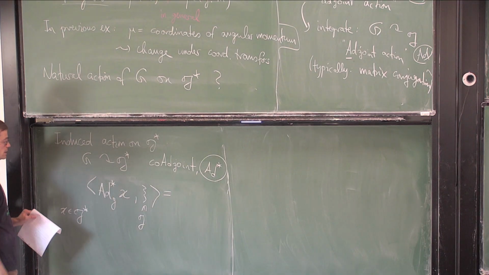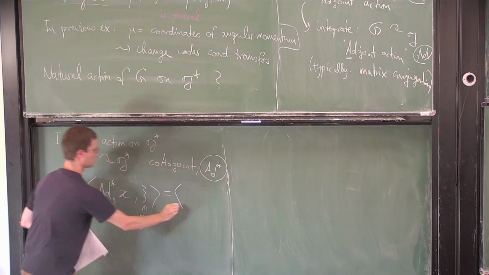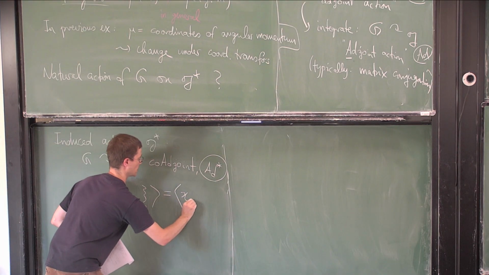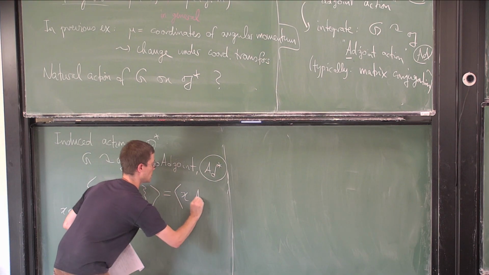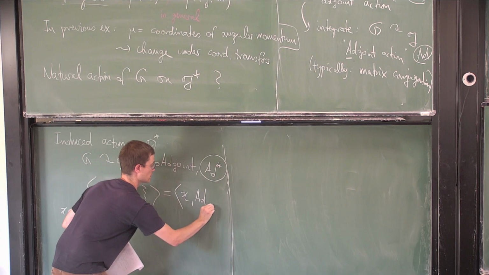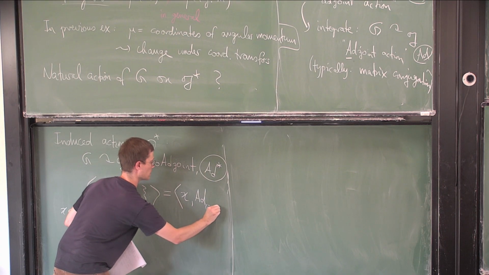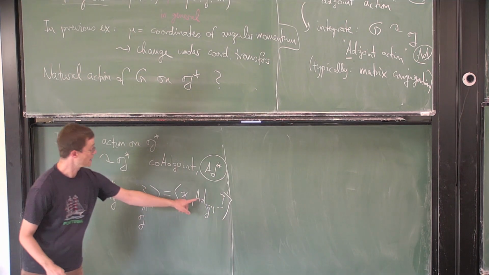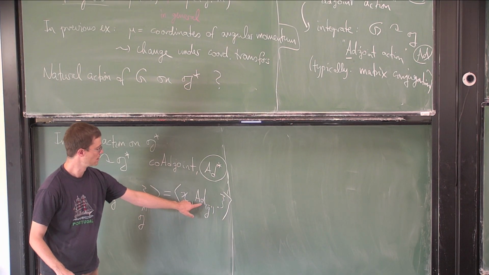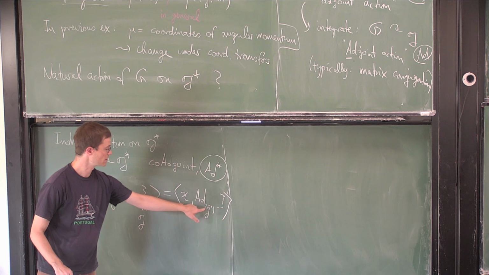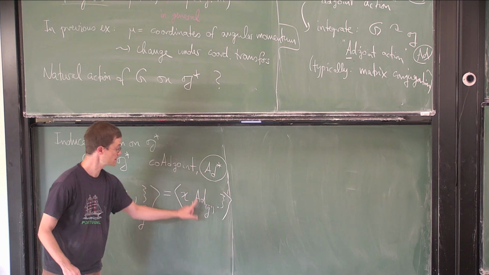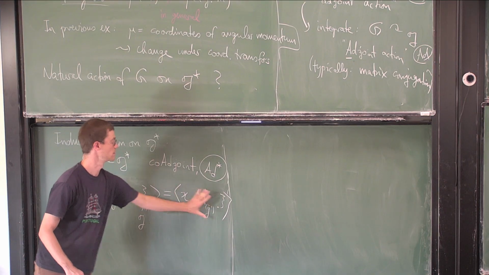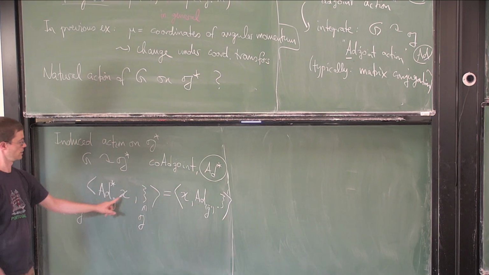By definition, it's a somewhat indirect definition, I define this object to be X applied to Ad g inverse applied to xi. We already know what the adjoint action is. For some reason there's a minus sign, there's g inverse. When I fix X, I know what this object is, and I say that this defines it.